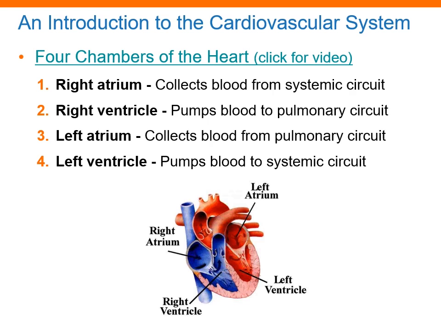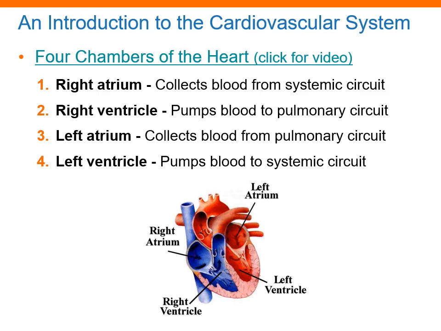So first, for the heart, we start off with the right atrium that collects blood for the systemic circuit. That means from all the organs other than the lungs. The right ventricle pumps blood to the pulmonary circuit, so that's only going to the lungs. The left atrium collects blood from the pulmonary circuit.